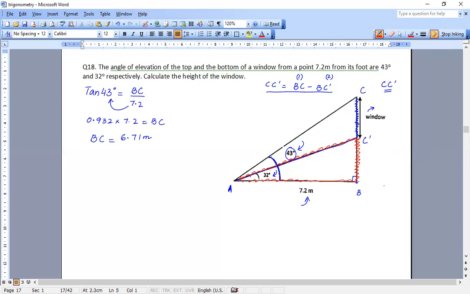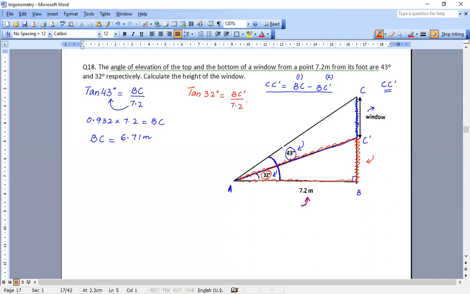In this triangle, the angle which I know is this. Again, I know this angle, I know the adjacent, and I have to find the opposite. So the same trigonometric ratio, tangent theta. Here, the angle is 32 degrees now. Opposite is BC dash over adjacent is 7.2.